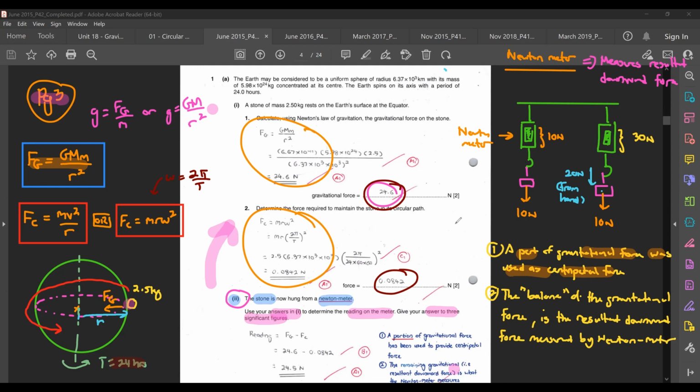So here your answer would really just be the reading equals gravitational force minus centripetal force, 24.6 minus 0.0842, giving you the final answer of 24.5 Newton. Okay.